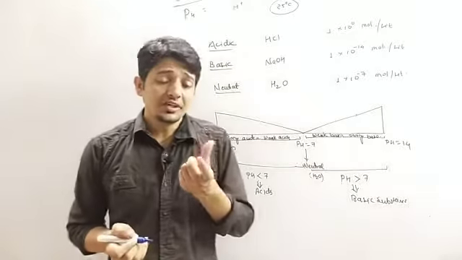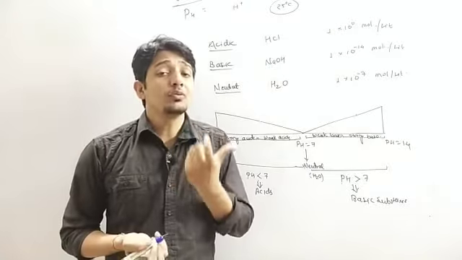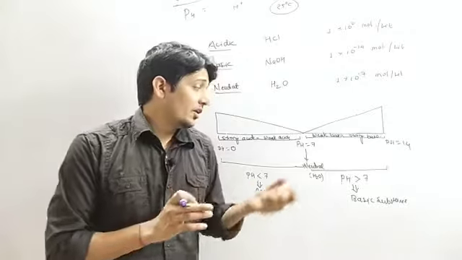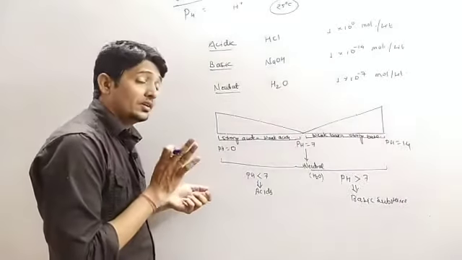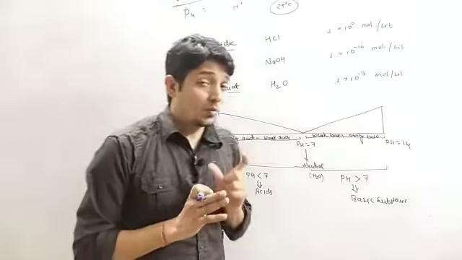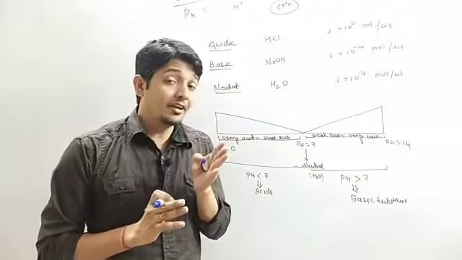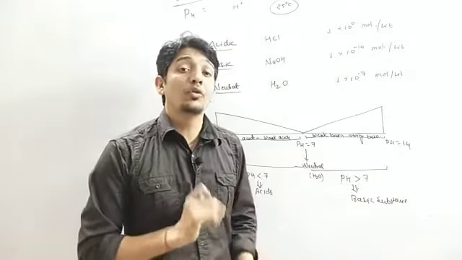It is a fact that our body works on a pH scale. The pH value of our body ranges from 7.35 to 7.45.